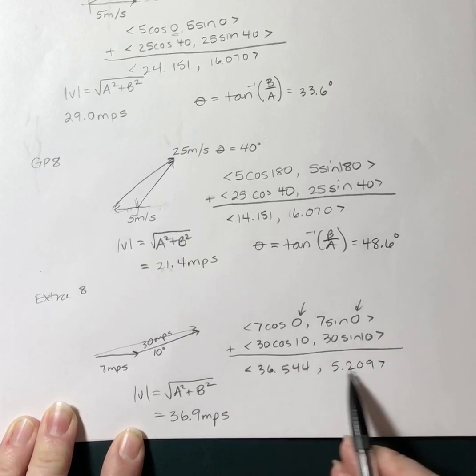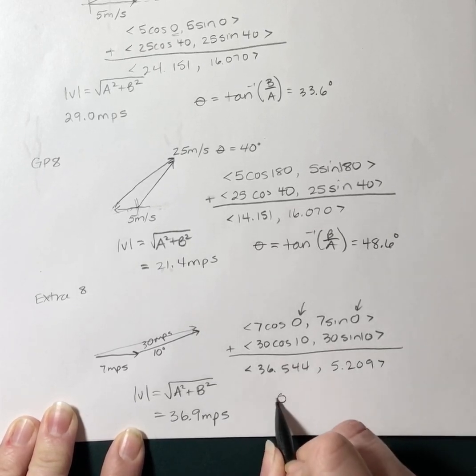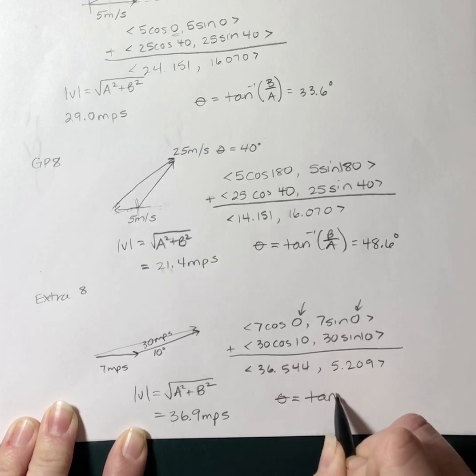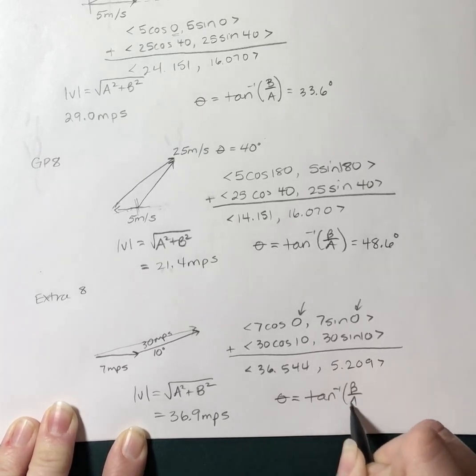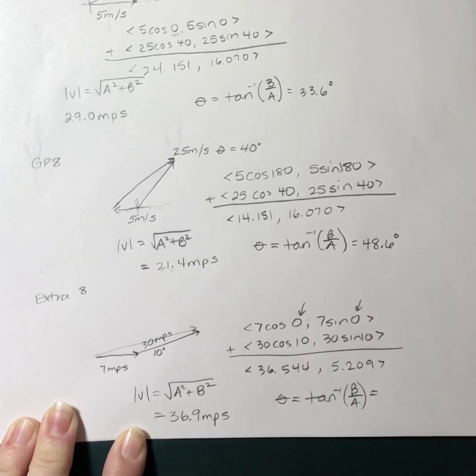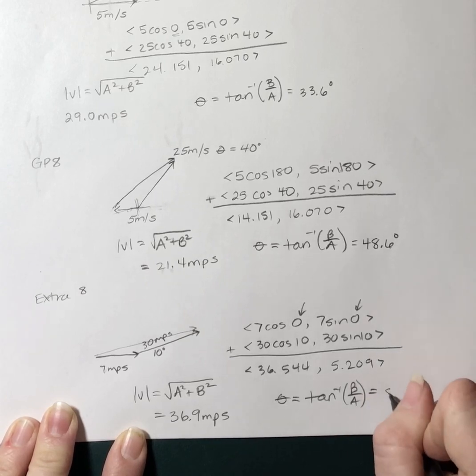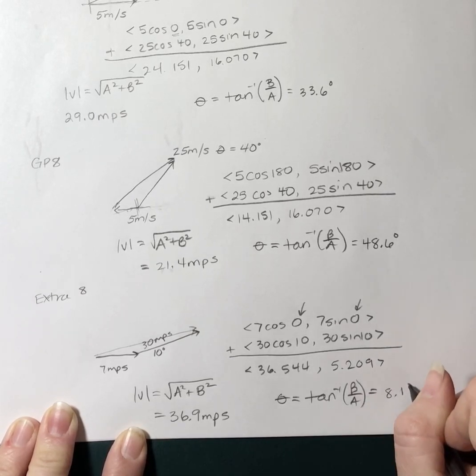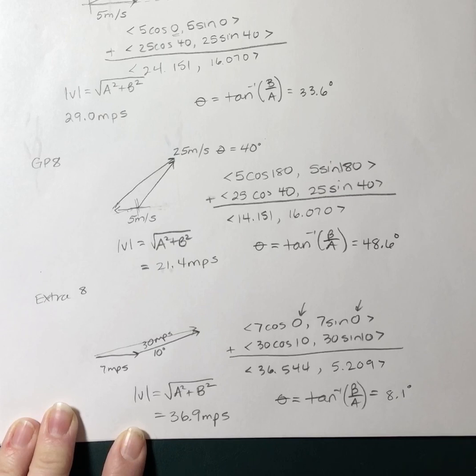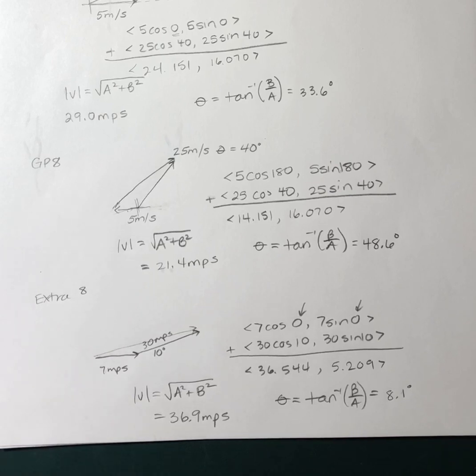And then again, these are both positive, so inverse tangent of B over A is 8.1 degrees. There you go.